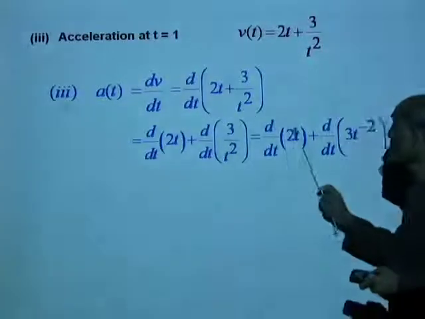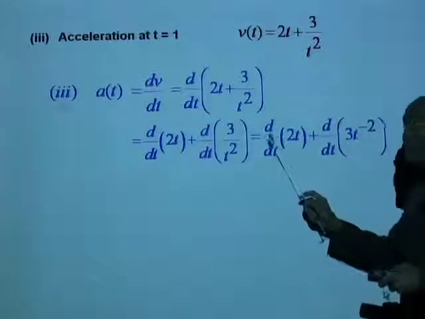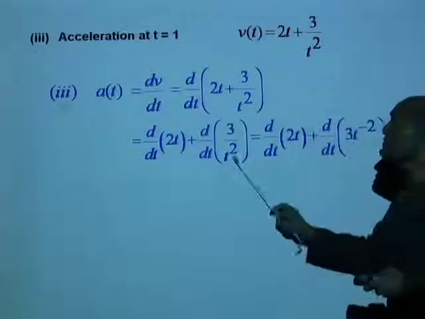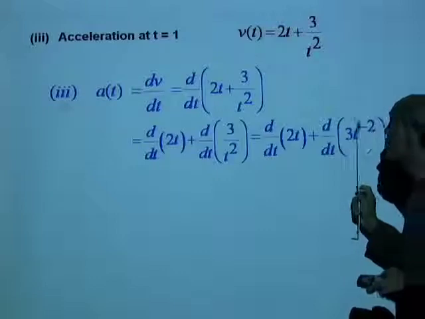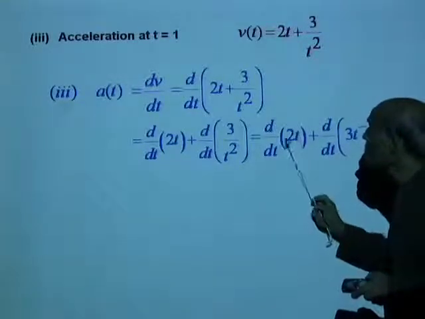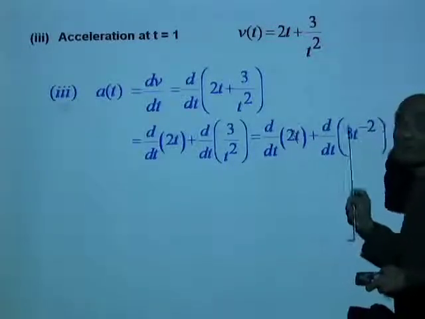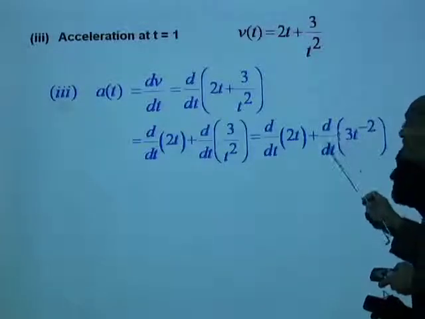So that will be the derivative of 2t plus the derivative of 3 times t to the power of negative 2. We are now in a position to use our power rule. What is the derivative of 2t with respect to t? That is 2.